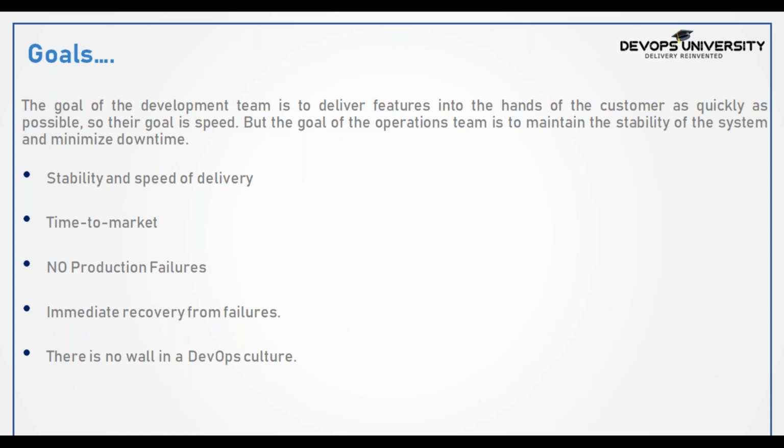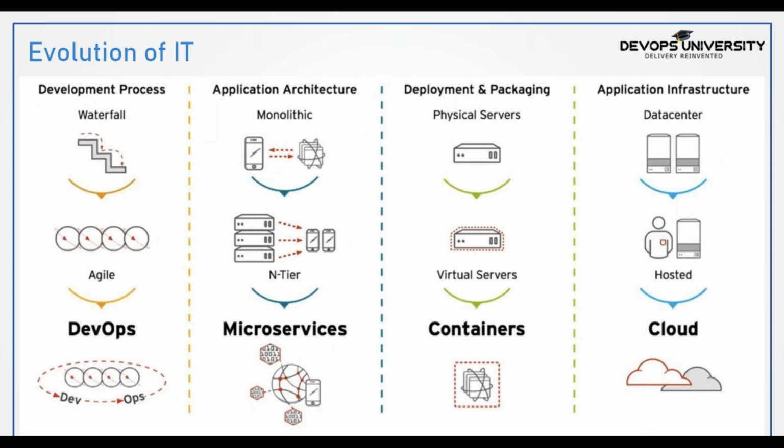Now we understood what DevOps is basically. With DevOps, we're trying to say that we need to get speed of delivery and stability. Now, how do I achieve this in a DevOps team? How are the application architectures required to deliver faster, and what is the deployment packaging, like virtual servers, and what is needed from a data center team nowadays?